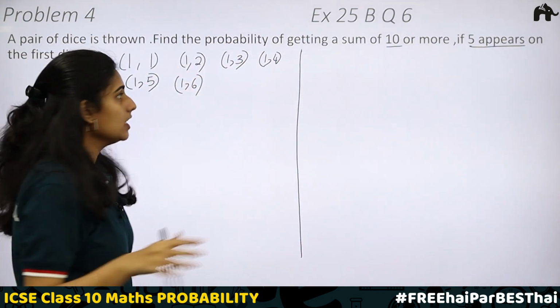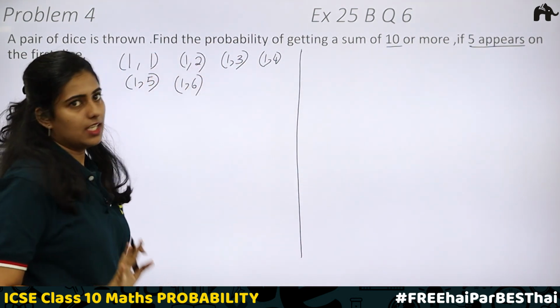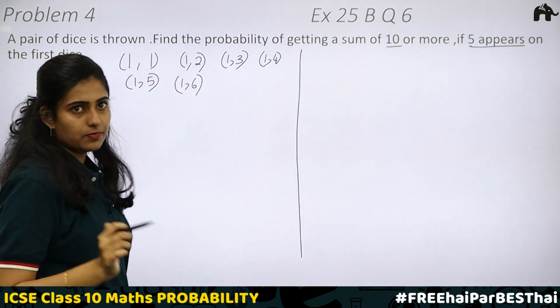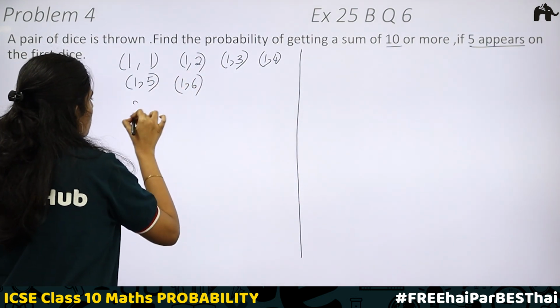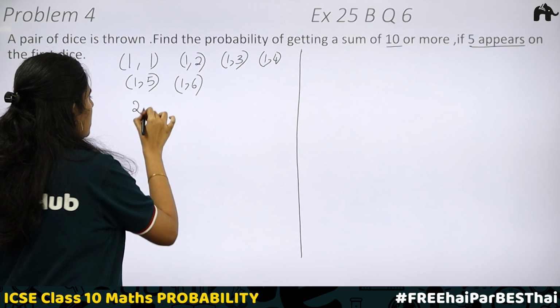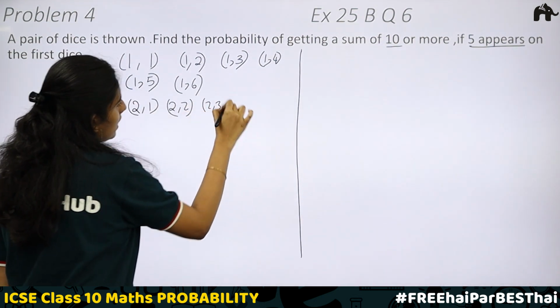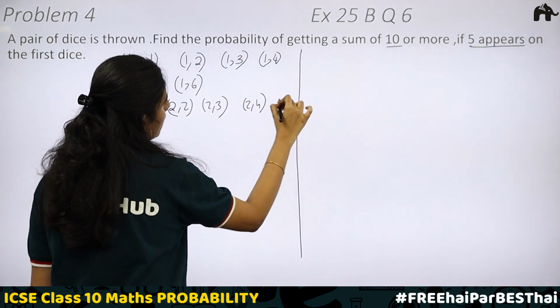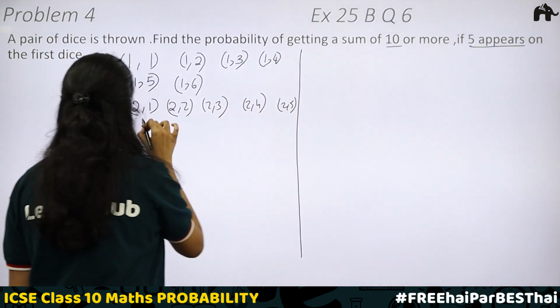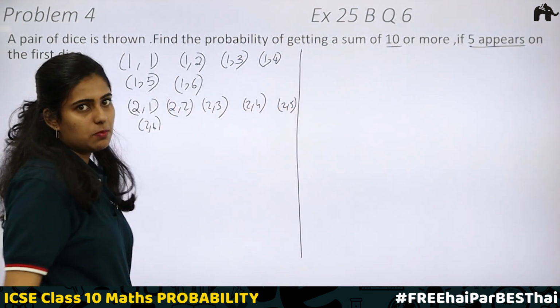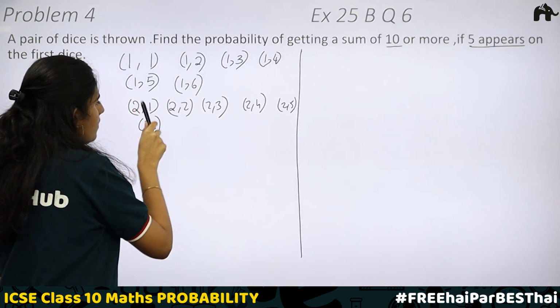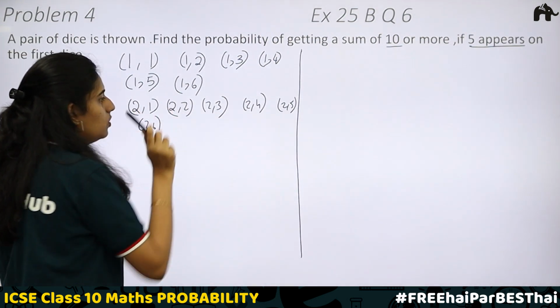Any of the digits appears on the second die. You got 6. Okay. Similarly, when you take 2 on the first die, you will be having 2,1; 2,2; 2,3; 2,4; 2,5; 2,6. All these are possible. 2 on first die, 1 on second die. 2 on first die, 2 on second die.